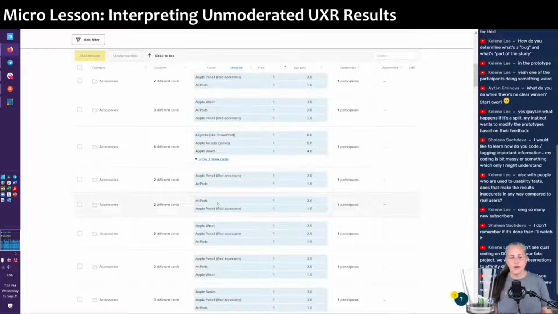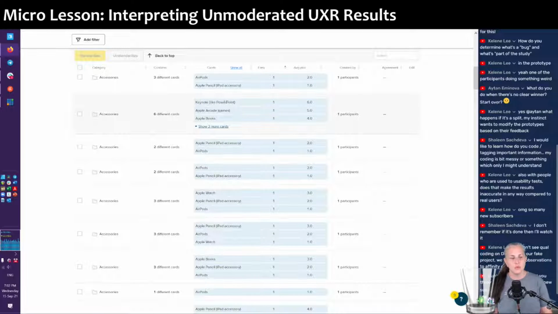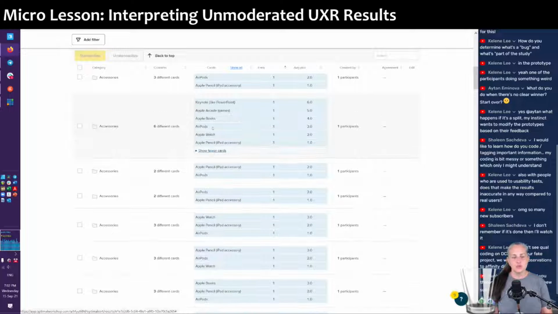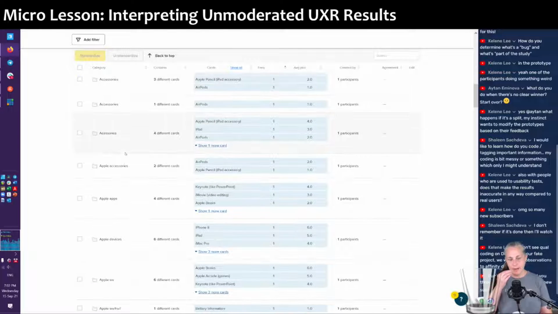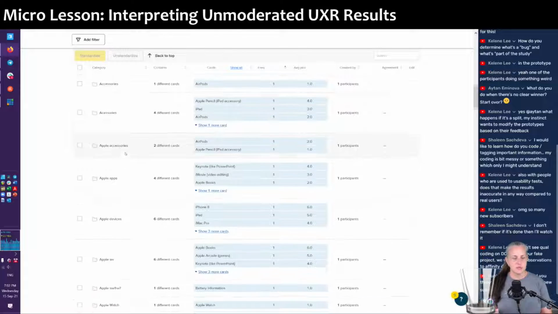So this is starting more accessories. Now, somebody threw Keynote into accessories. I'm not sure that I would necessarily go for that, but I can tell from the patterns, Apple Pencil, Apple Watch, AirPods, over and over for many people appear to be accessories.